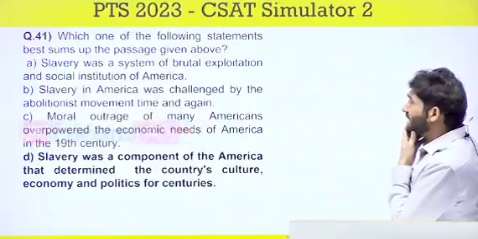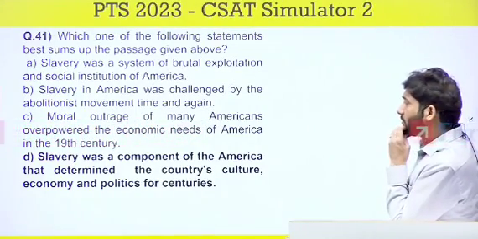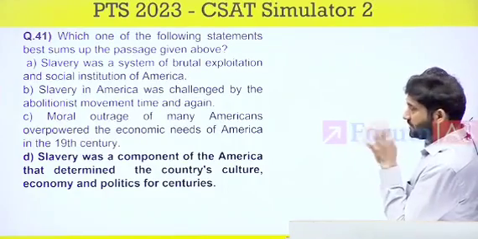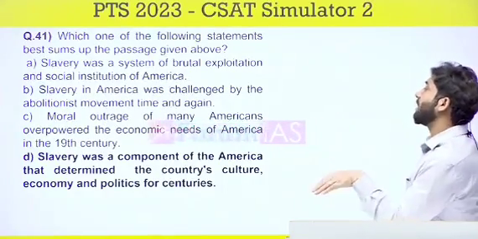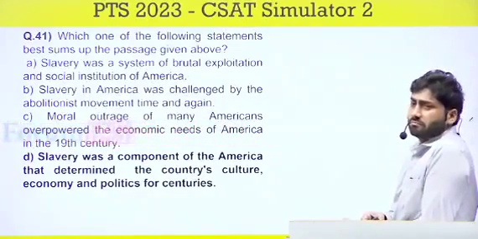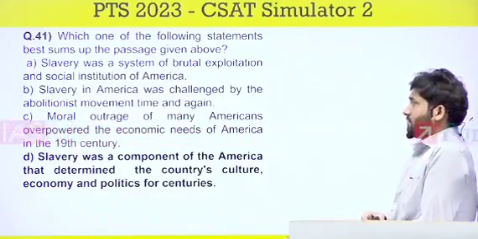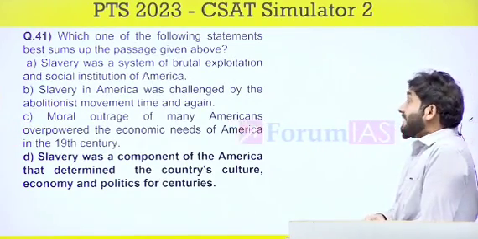B, slavery in America was challenged by the abolitionist movement time and again. It was, but again, it doesn't give the complete picture. C, moral outrage of many Americans overpowered the economic needs of America in the 19th century. No, that goes against the passage.